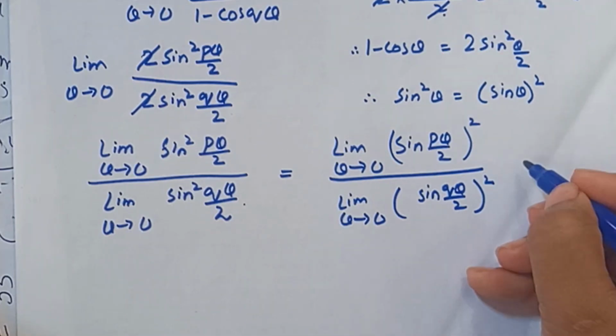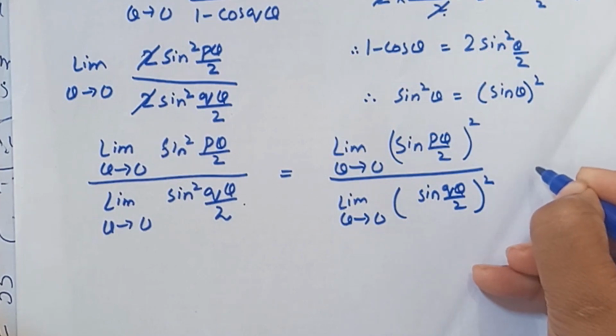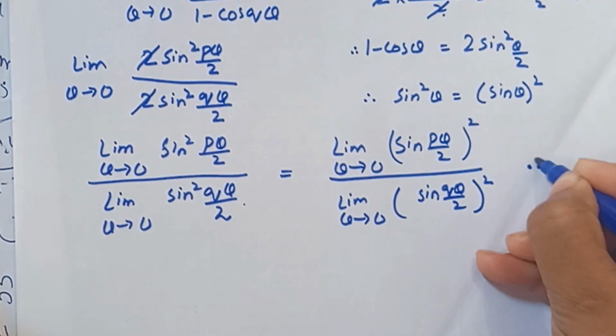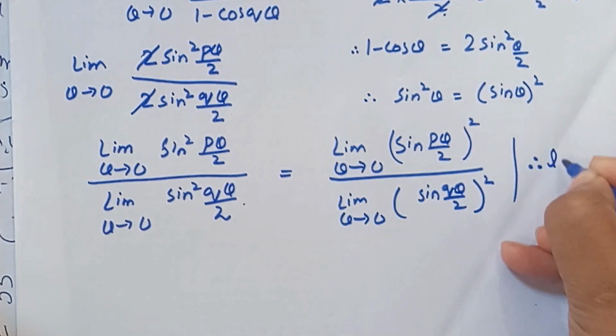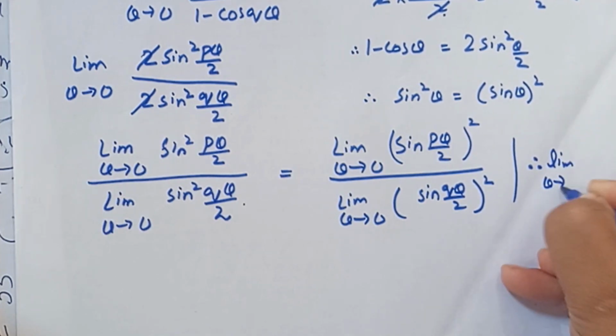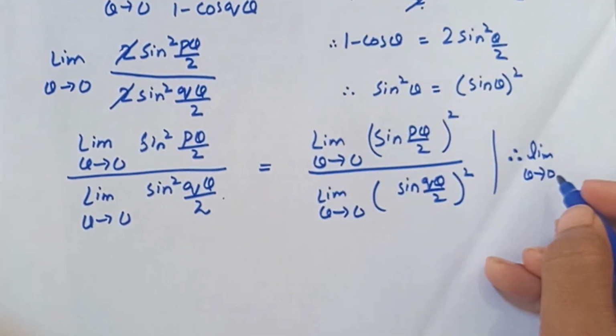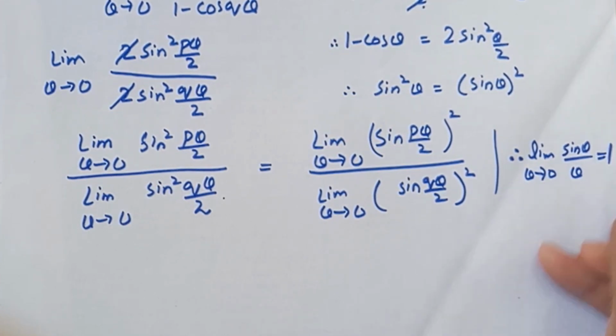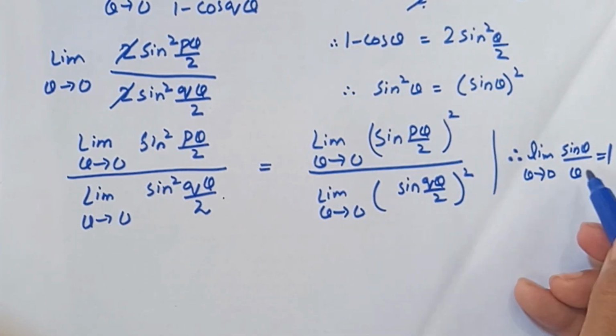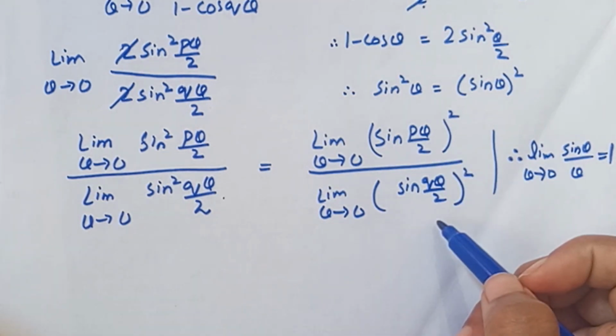And now in the next step we use this property of limits: limit theta approaches 0 of sine theta over theta is equal to 1. So we apply this property to the numerator and denominator.